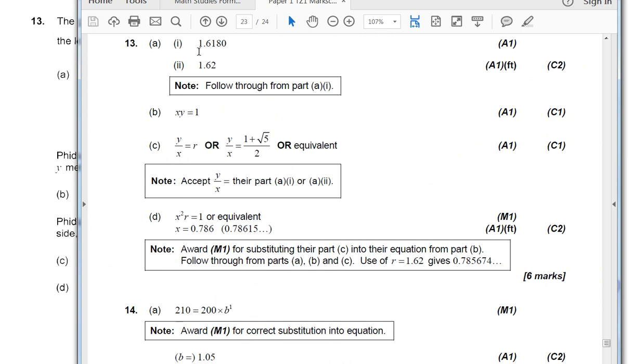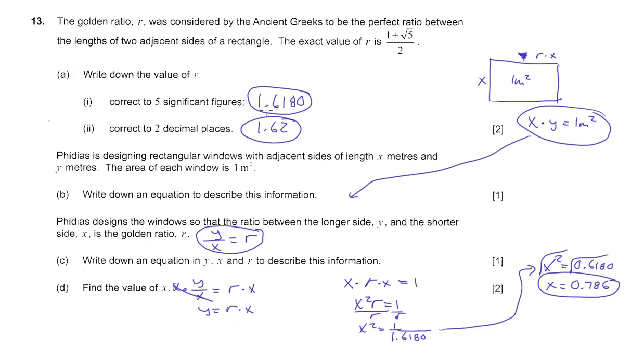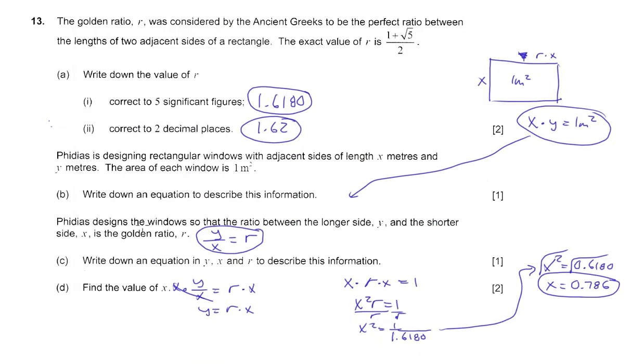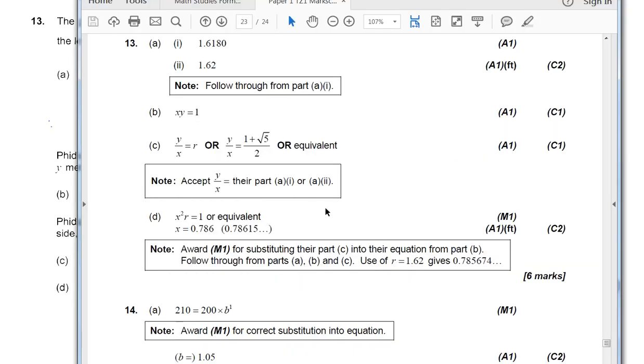Okay, so first one, 1.6180 and 1.62, so we're good on those. There's our points there. Part B, x times y equals 1, which is what we had. So we're good on those points too.